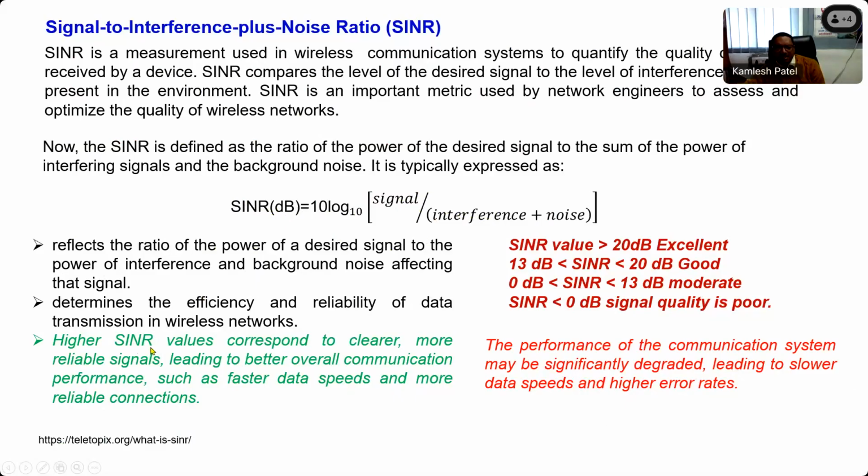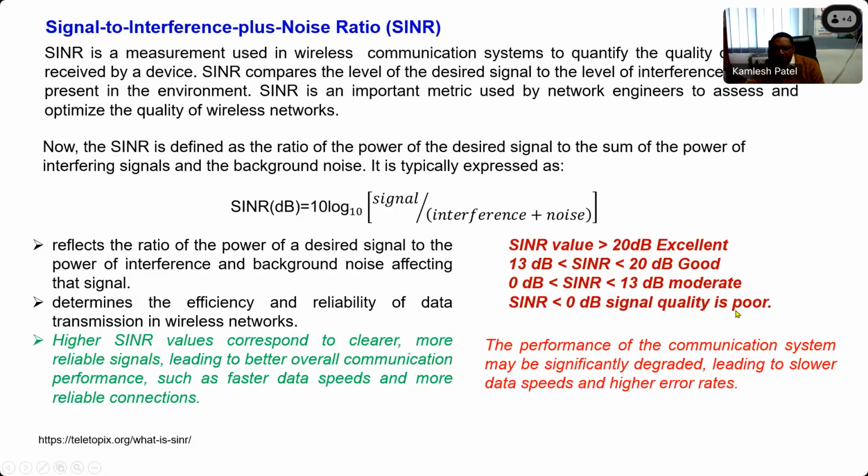Higher SINR values correspond to clearer, more reliable signals, leading to better overall communication performance, such as faster data speeds and more reliable connections. There is some range for SINR values: greater than 20 dB, it is assumed that the communication system performance is excellent. If the range of the SINR is between 13 to 20 dB, it is taken as a good range. Below 13 dB is taken as moderate, and SINR less than 0 dB, the signal quality is assumed to be poor.